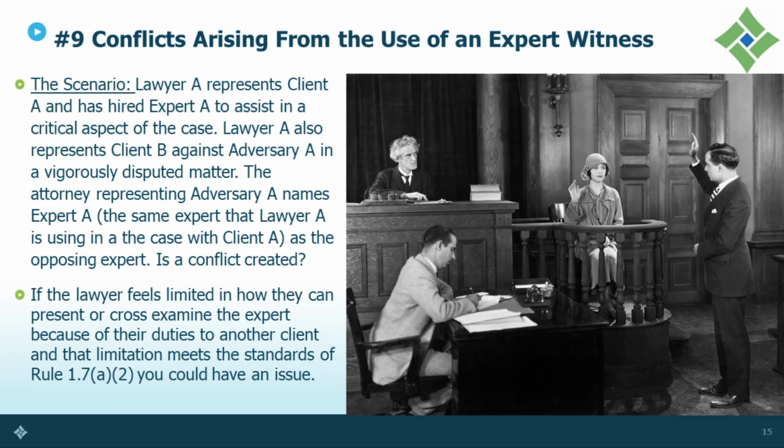I really think this scenario is so fact specific that it's very difficult to give a blanket answer. Presumably, this expert would have notified the other side of his or her association with the first lawyer. But this is definitely food for thought, and it illustrates the second part of Rule 1.7(a). Kate, do you have any other thoughts on this one?